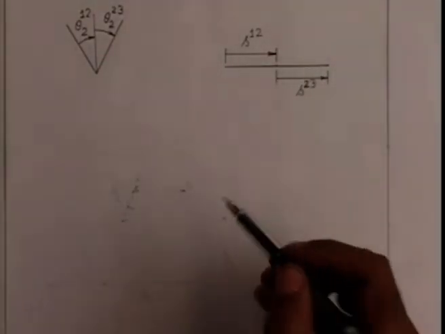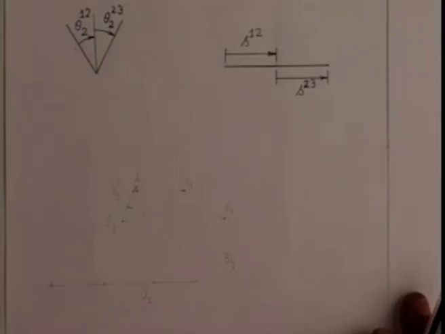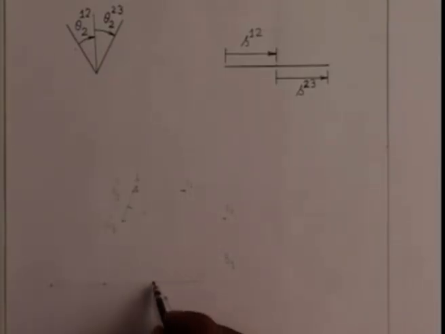Our job is to find the required slider crank mechanism. As before, we assume the crankshaft location O2 according to our convenience. We choose it arbitrarily.